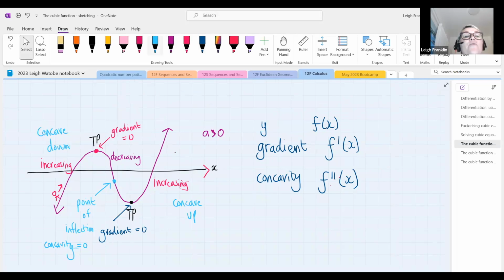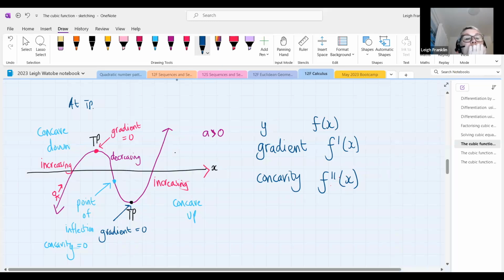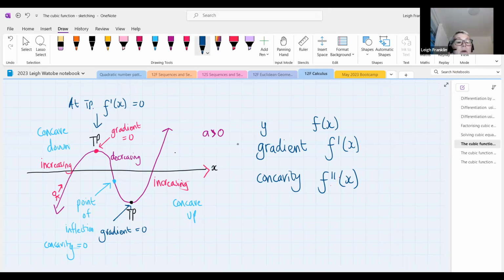How can I say the gradient is 0 at the turning points using symbols? That's it, Nhlanhla. So f prime x equals 0 at our turning points.